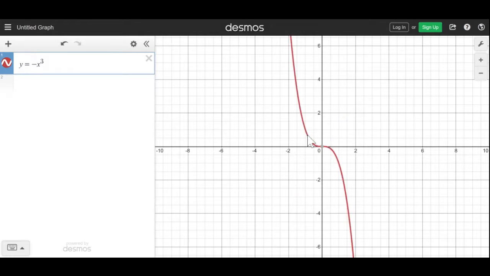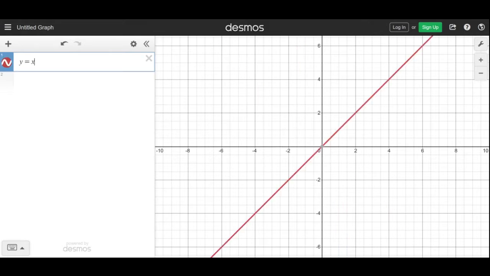And you can see that the curve now is in the second quadrant instead of the first quadrant, and the other curve pointing down is in the fourth quadrant instead of the third quadrant. And these are families of curves. So if I go to power of 5, it's still a cubic curve. Power of 7, still a cubic curve.